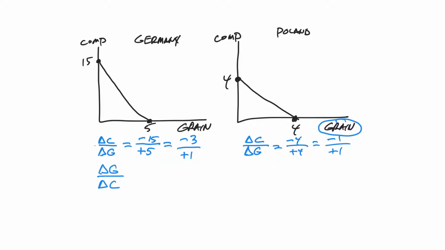This is just the reciprocal of this. We've already got that here. What's the reciprocal of -3? Just flip it over. It equals 1/3. What's 1 divided by 3? 0.33.